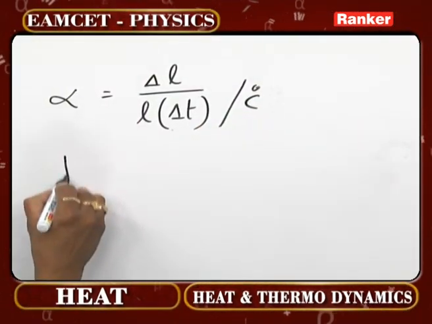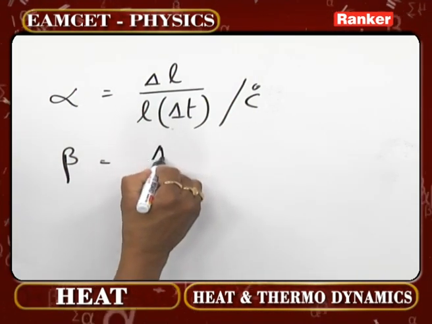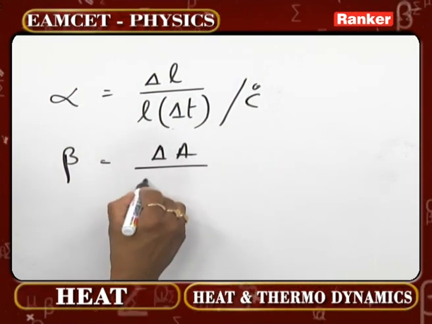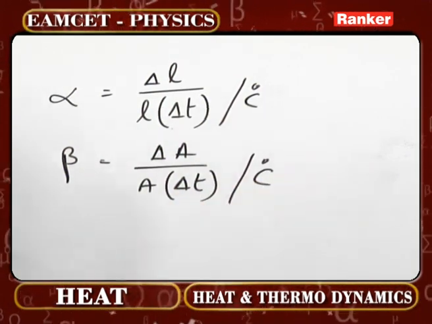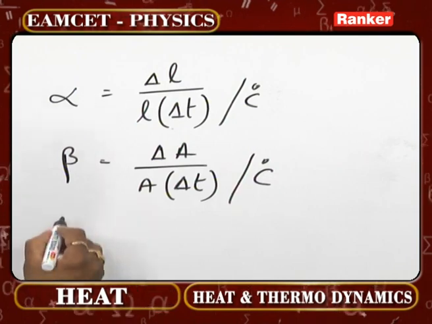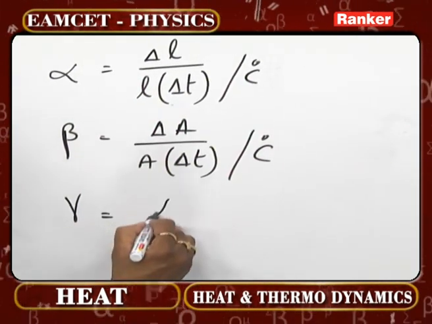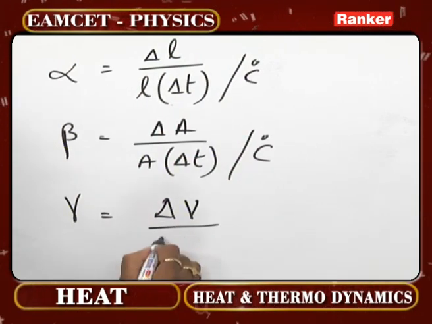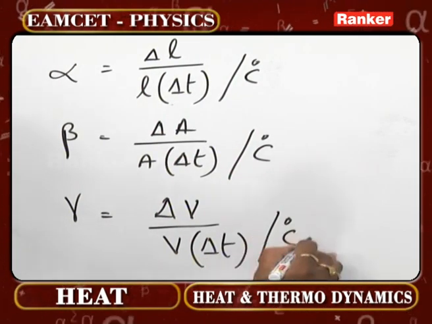Superficial or areal expansion, beta, is change in area by original area into change in temperature. For cubical expansion, gamma is change in volume by original volume into increase in temperature.